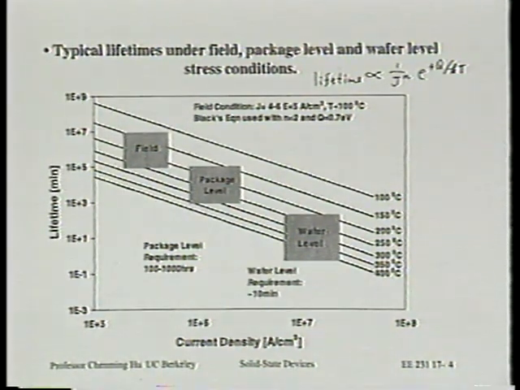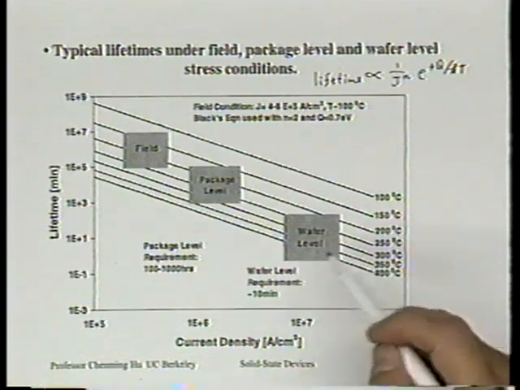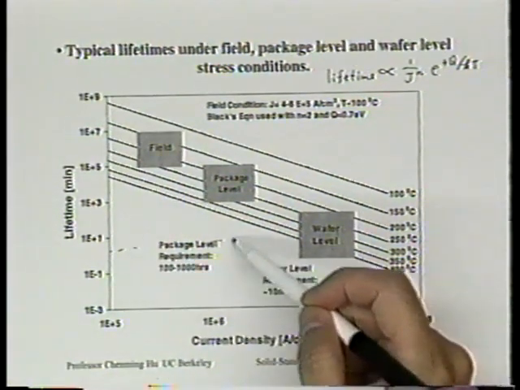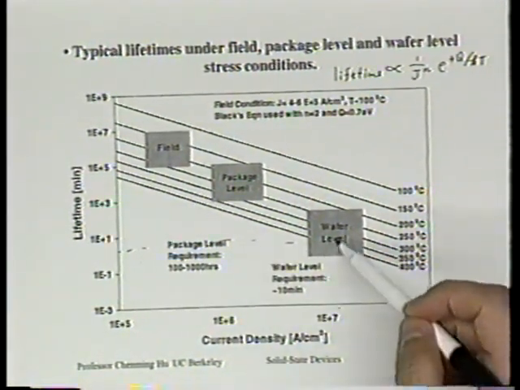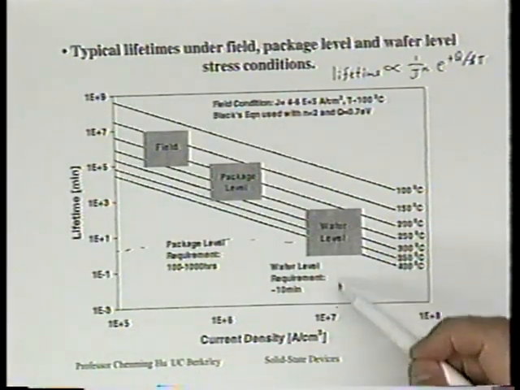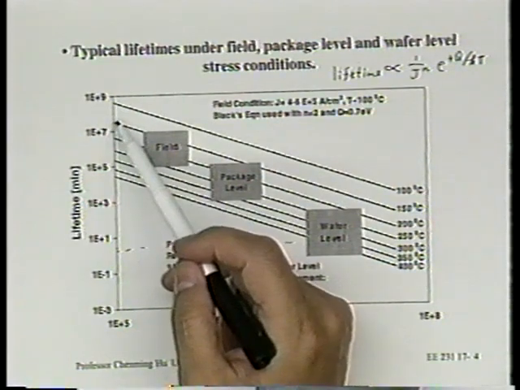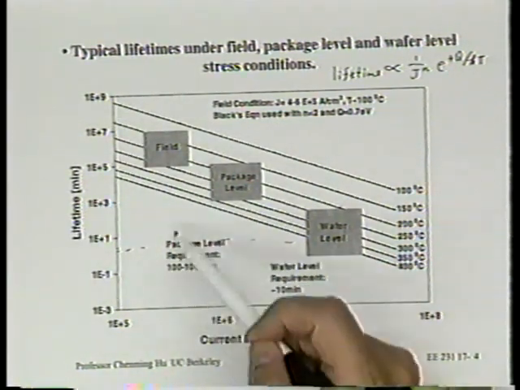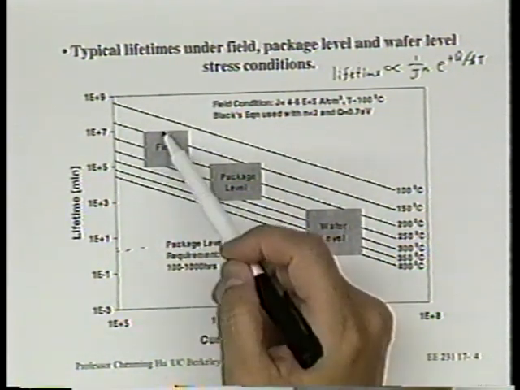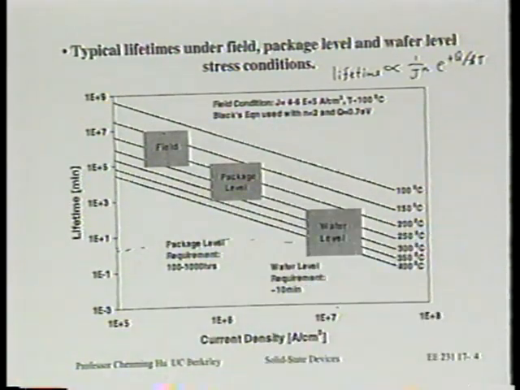You follow this? All right. In other words, if a line happens to have a few minutes of lifetime at this high current density and high temperature, you can infer from that data point that it is going to have this many minutes at a lower current density and a lower temperature. Do you follow what I'm saying?